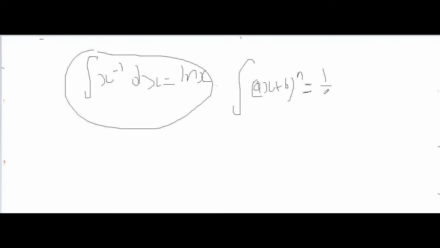So the formula here is just 1 upon a multiplied by (ax plus b) to the n plus 1, all over n plus 1. Very simple, very easy to remember. Now let's move on to a few others.